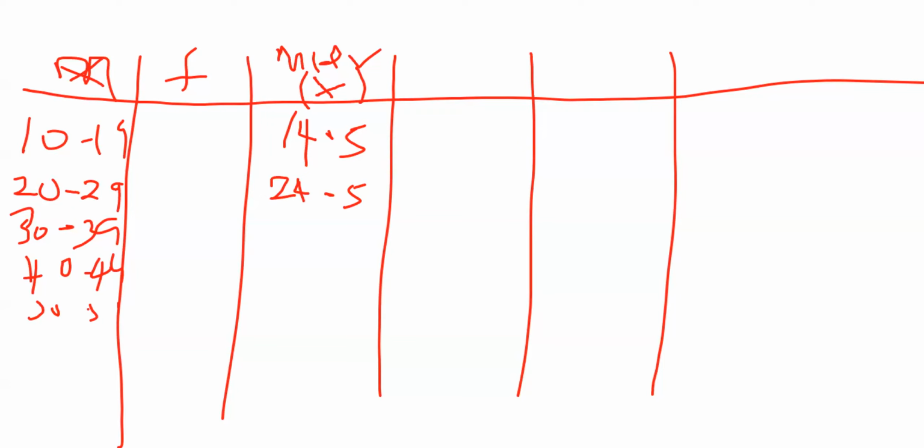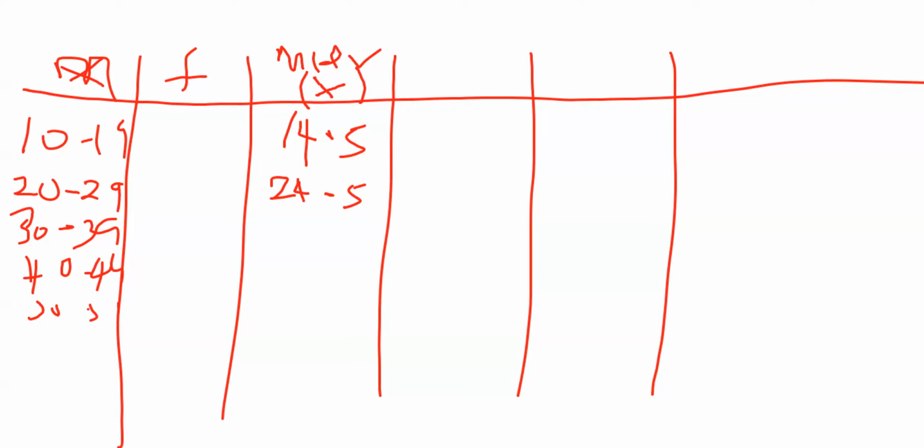Is it correct with your own calculation? Please press your calculator and confirm. 10, which is the lower limit, plus 19, which is the upper limit, added together, divided by 2, as if you are finding the mean. 14.5. Agreed? Yes, sir.